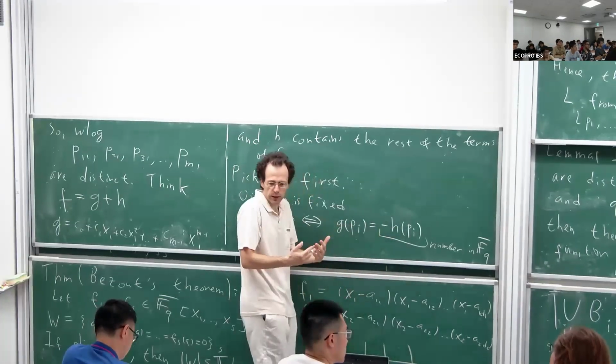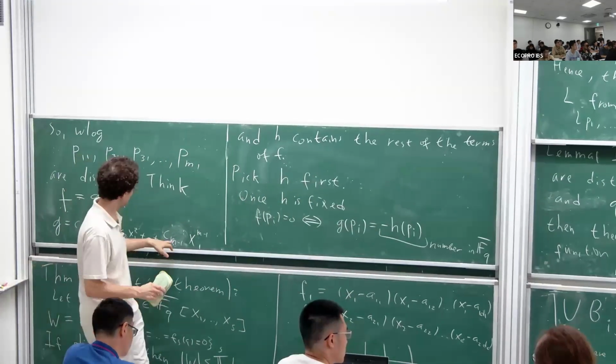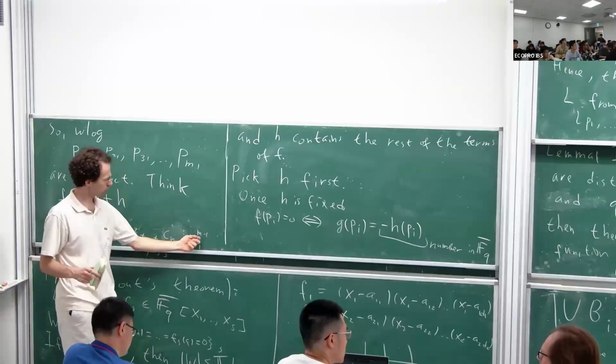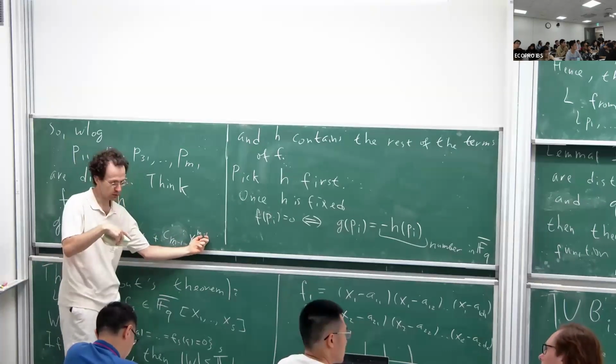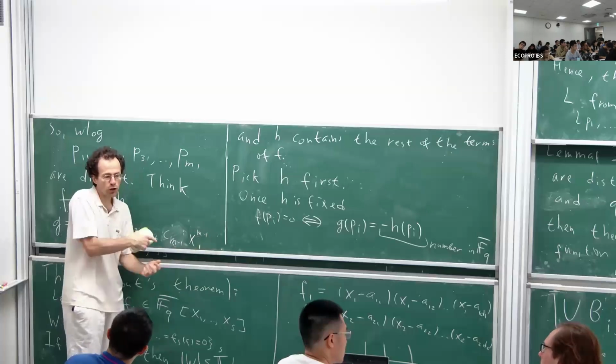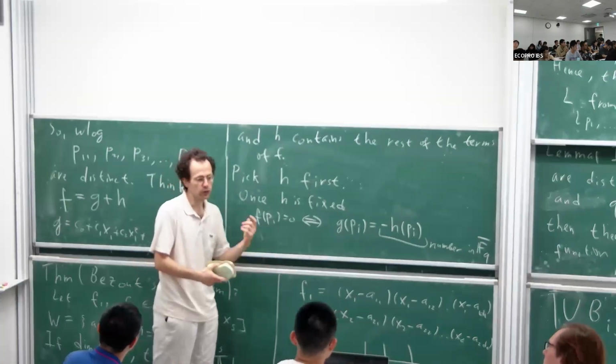If I have a polynomial of degree n minus 1, and I want to have particular values at m points, there's only one choice of the coefficients of this polynomial to make it so. There's only one such polynomial.